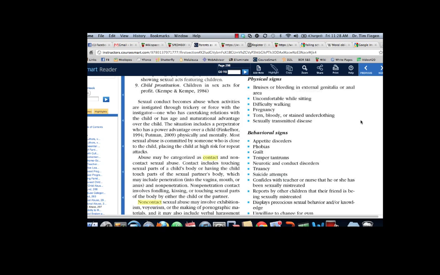We had a very severely retarded girl in our school, and she was getting bigger and bigger and bigger. And finally, they determined she was six months pregnant, an eighth grader.